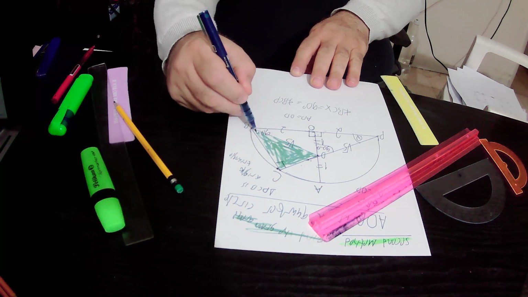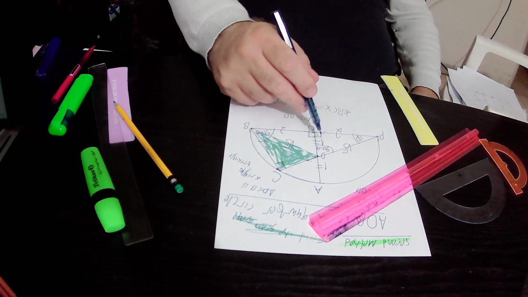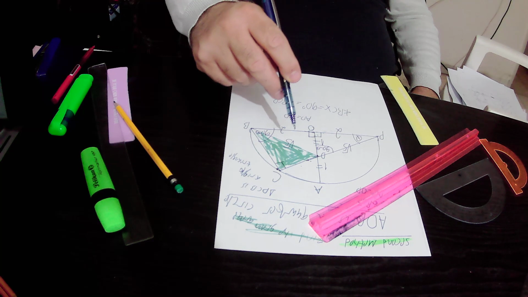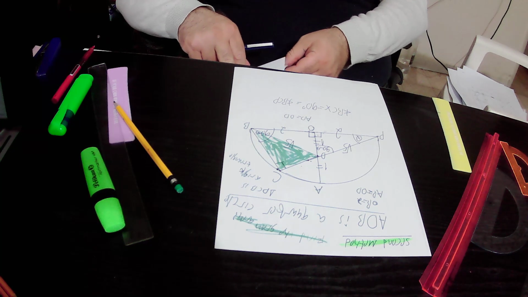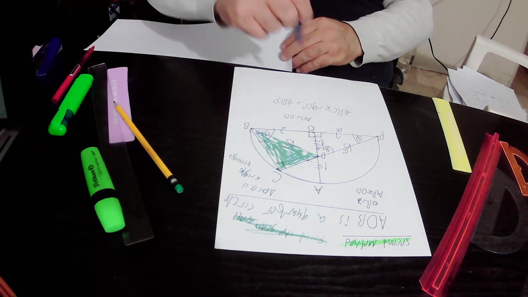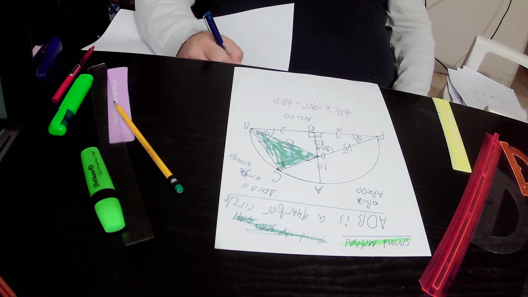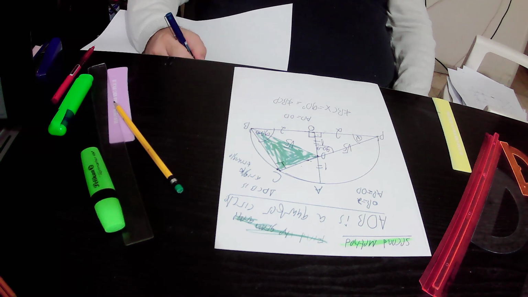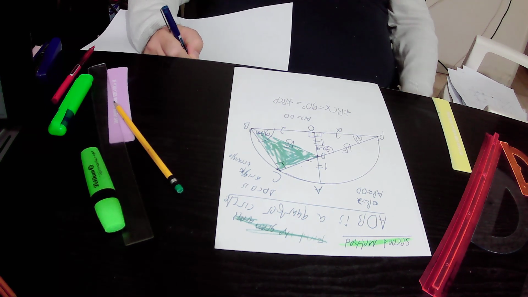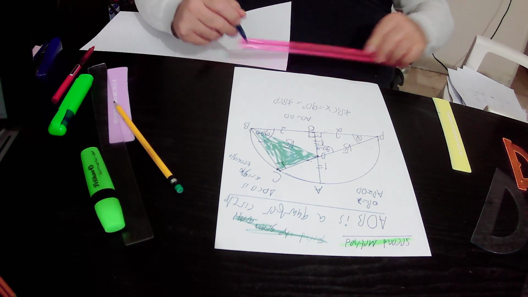In the next step, we will prove that the small right triangle POD is similar to the big right triangle PCB. So why are those two right triangles similar to each other?